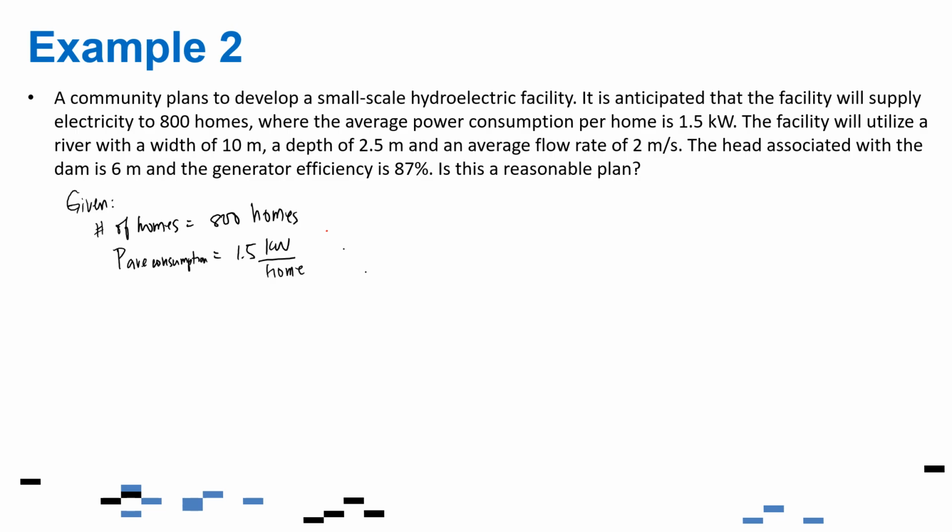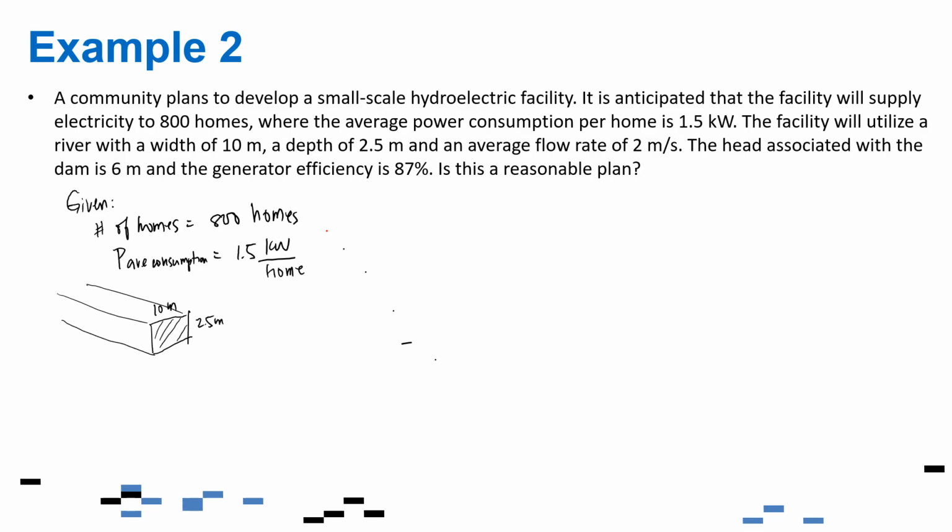The facility will utilize a river with a width of 10 meters, a depth of 2.5 meters. So for the river cross-sectional area, if this is the river here, the cross-sectional area is basically this part here. The width is 10 meters and this is 2.5 meters.